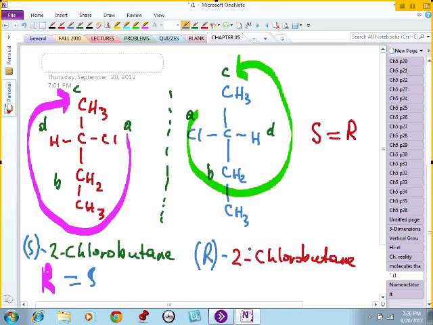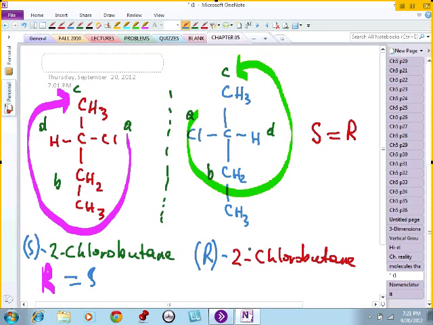You're saying as a definition that if you have an R configuration, the atom of lowest priority has to be going away from you?